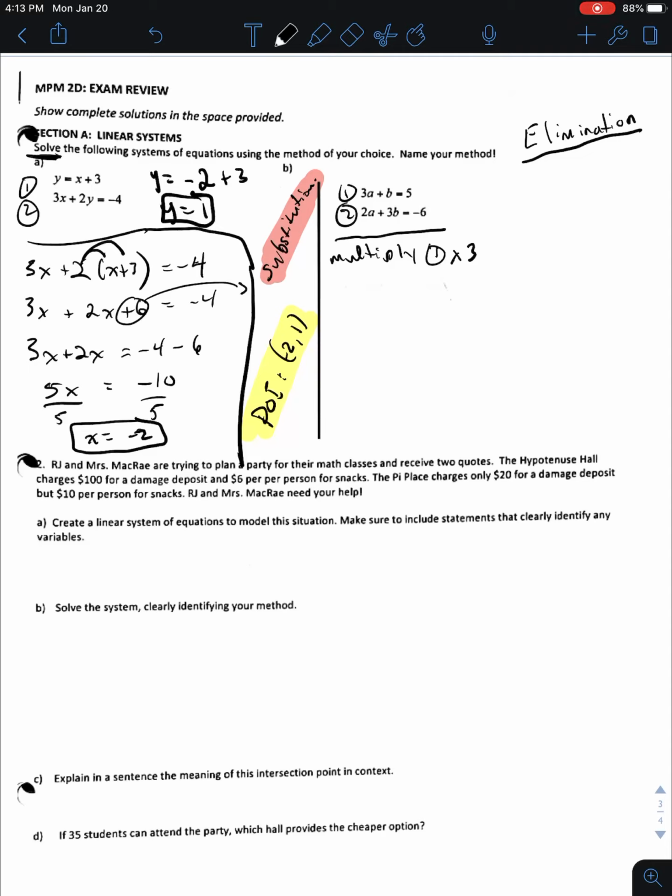And then I get a new equation. It's called a scalar multiple. It's just 3 times bigger. But I like to write it as a new equation, to keep myself organized. So I label it 3. If I multiply the first one by 3, it's going to become 9a plus 3b is equal to 15.